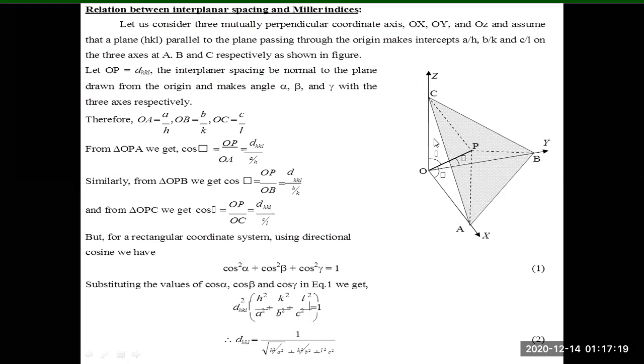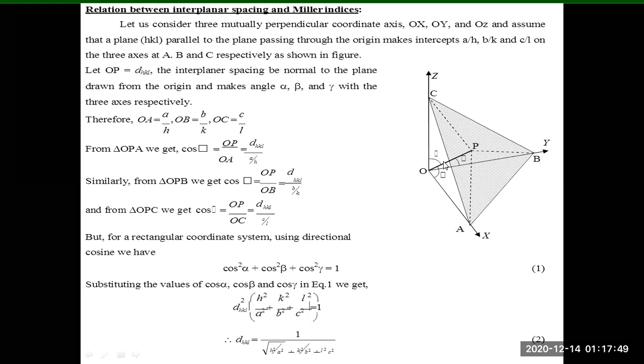OC makes the angle with respect to OP that is called gamma, which has been shown with square brackets here. So this angle is alpha and this is beta. You can see the angles made with respect to the perpendicular distance OP. That is very important. The angle here is alpha, here beta, and here gamma.